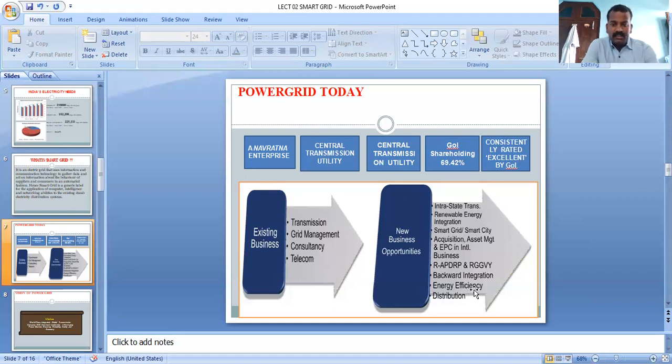Distribution is the second major task of the power system, which is efficiently done through the smart power grid.